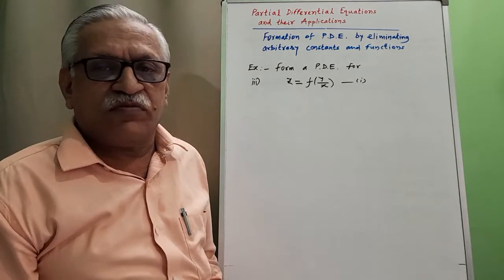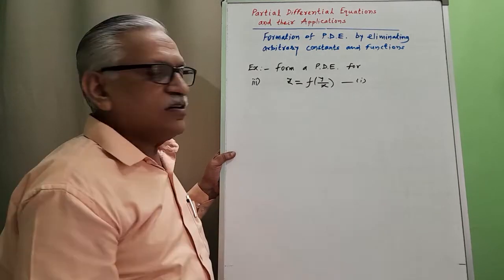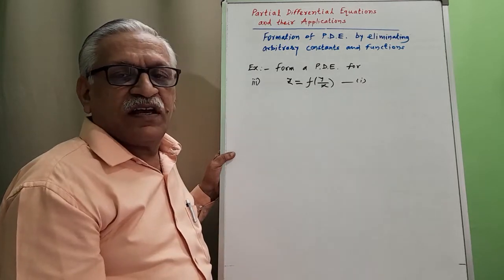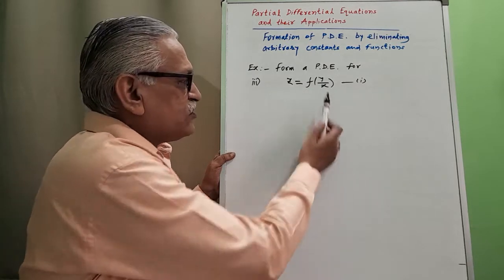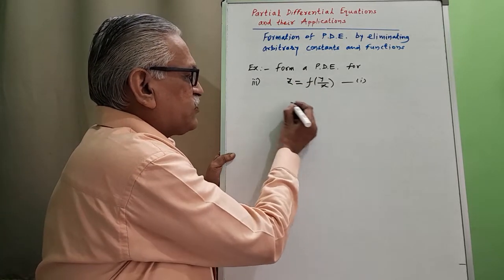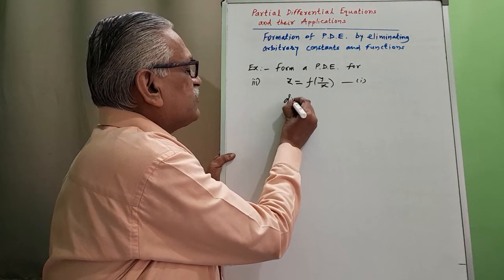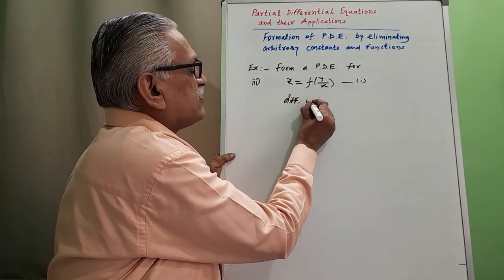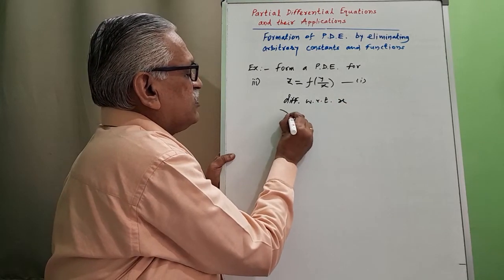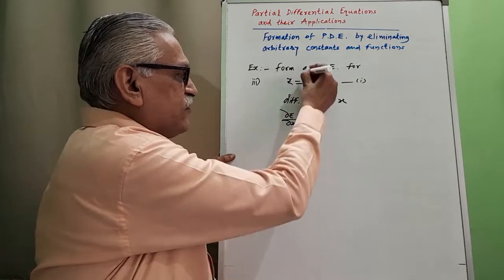Our last problem, form a partial differential equation for function z is equals to f of y by x. As it is a function of two independent variables x and y, we can differentiate it with respect to x and with respect to y. Therefore, differentiating first with respect to x, we get ∂z/∂x as derivative of f is f dash.